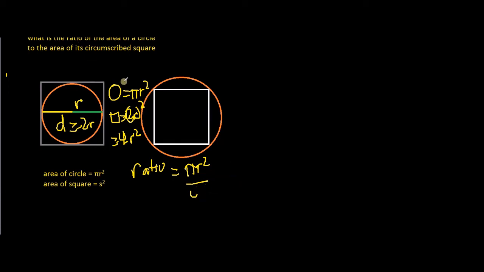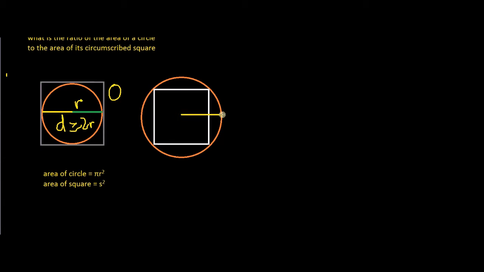Okay. So now let's look at the other side of the picture. In this scenario, if we know the radius of the circle, that doesn't look like it helps us much, right?